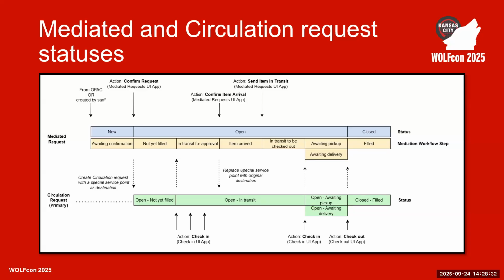We also couldn't rely on just the same statuses as it related to this new mediated request application. One of the reasons for that is there was a requirement, and other community members may appreciate this, to actually confirm that it's really okay for this patron to request this item that they're really wanting, or the title that they're really wanting.